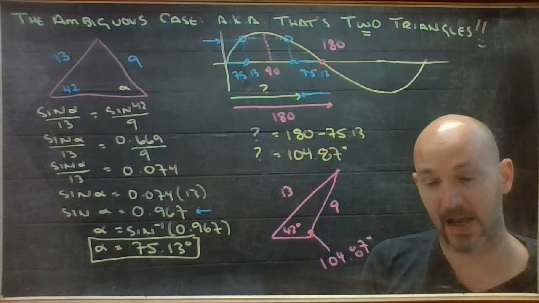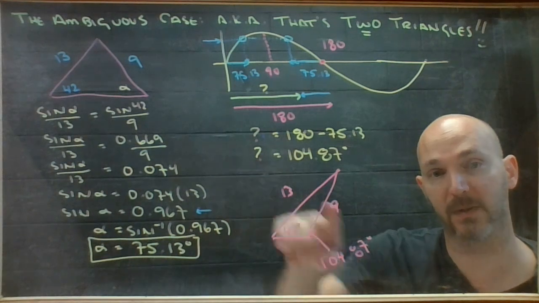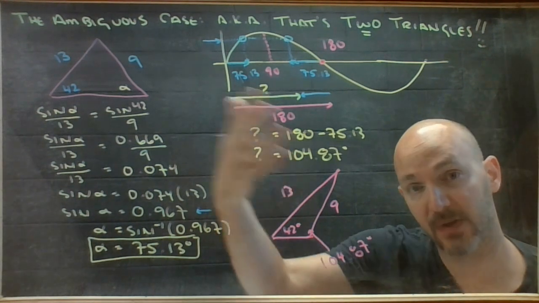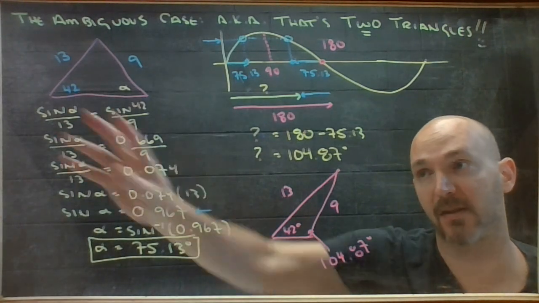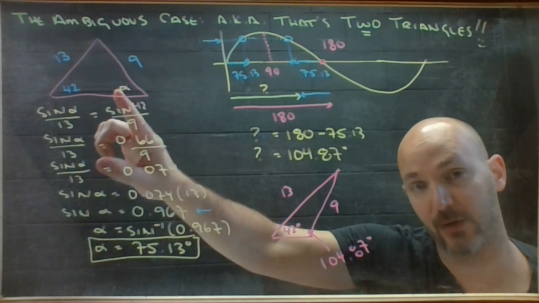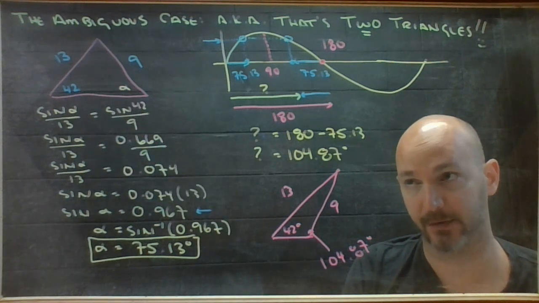Both solutions are valid. You could do it this way, you could do it that way. So this particular example is ambiguous. This setup is both of these triangles, the one with the acute corner and the one with the obtuse corner.